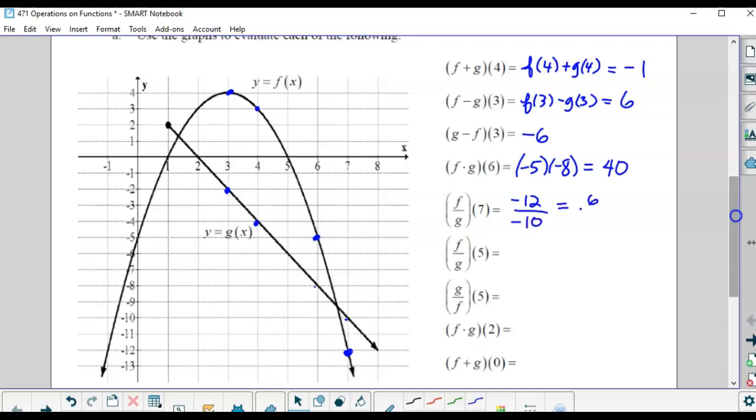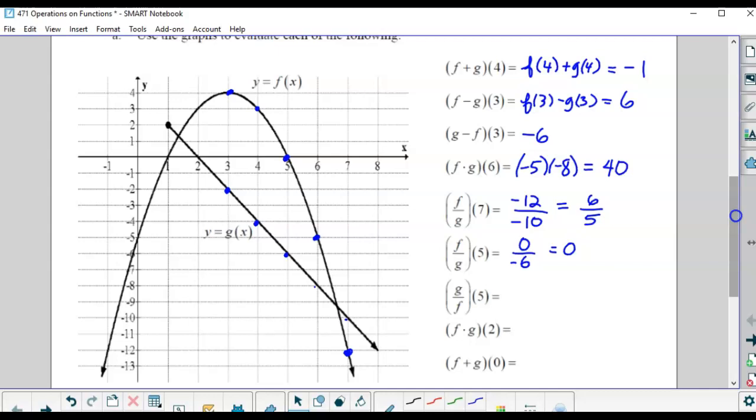So that was the 6 over 5. Then same, but at x equals 5, f is 0. g is negative 6. So 0 divided by negative 6 is 0. So whenever your numerator function is at its x-intercept, your answer is always going to be 0.